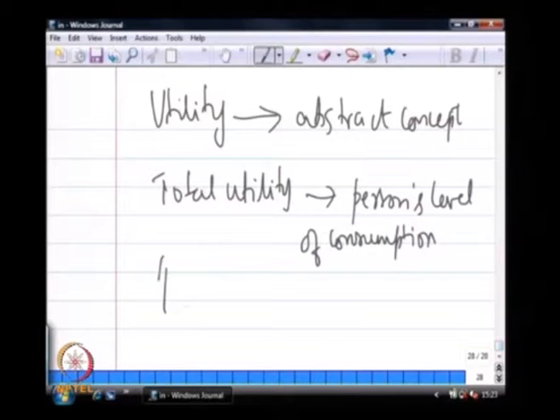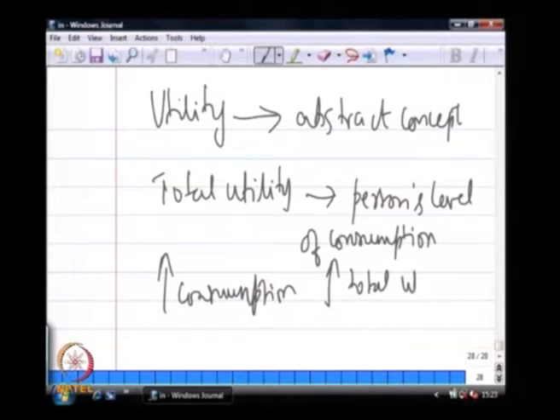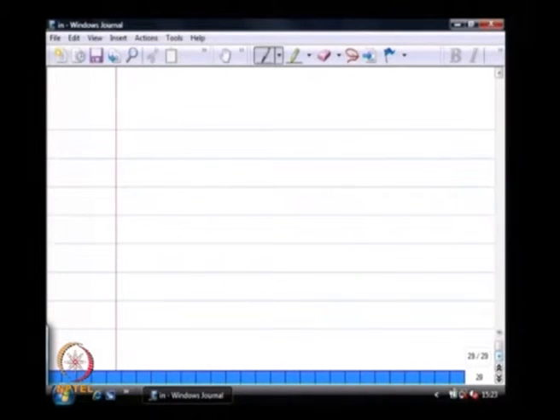So, more consumption, more total utility, and in this case total utility means the satisfaction level.